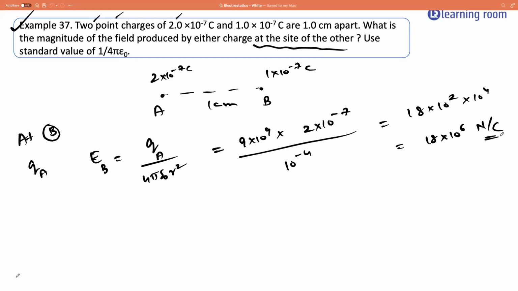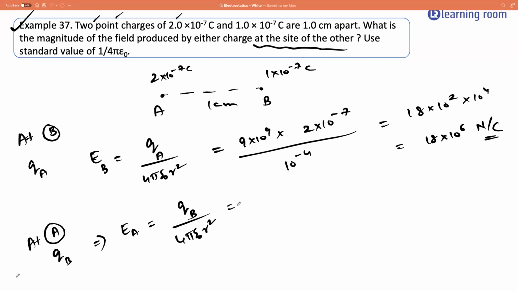In a similar way, I'm giving you 1 minute. I want you to calculate the electric field due to B at point A and tell me. Sir, it would be just half. What is the answer? 9 into 10 power 6. Correct. So EA will be equal to QB by 4 pi epsilon naught R square.